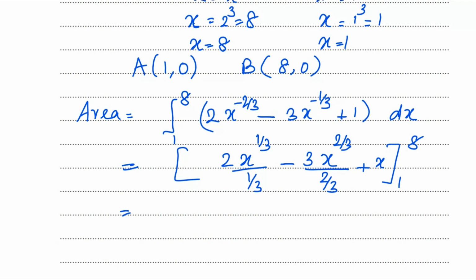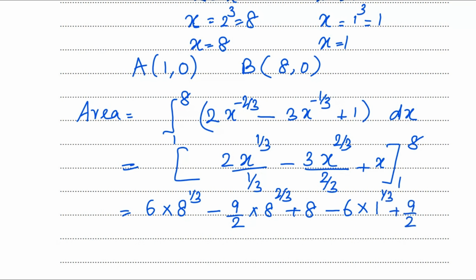First, let's substitute the upper limit. So this will be 6 times 8 power 1 over 3 minus 9 over 2 times 8 power 2 over 3 plus 8 minus 6 times 1 power 1 over 3 plus 9 over 2 times 1 power 2 over 3 minus 1.